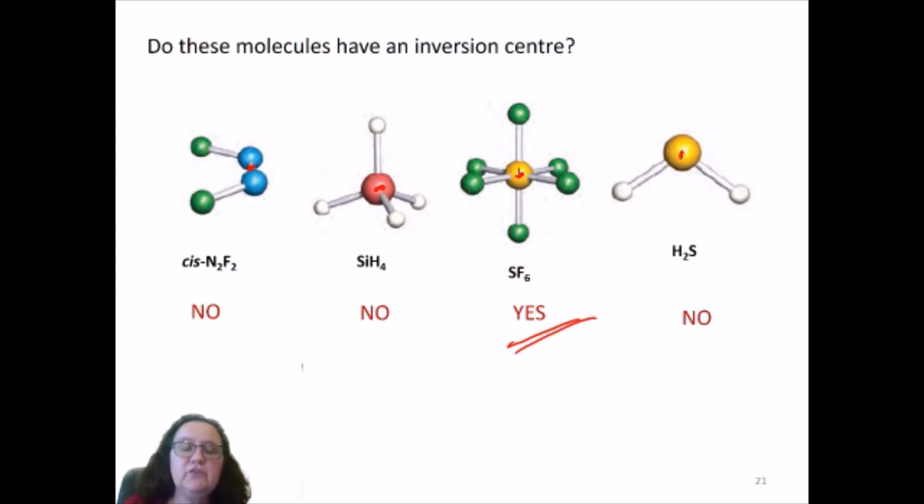In all the other cases, the cis N2F2, the molecule of silane or the molecule of hydrogen sulfide, an inversion through this center will give us configurations that are not identical, would be distinguishable, they would be different from the original one. So in this case, only the molecule of sulfur hexafluoride, which is very symmetrical, has an inversion center.